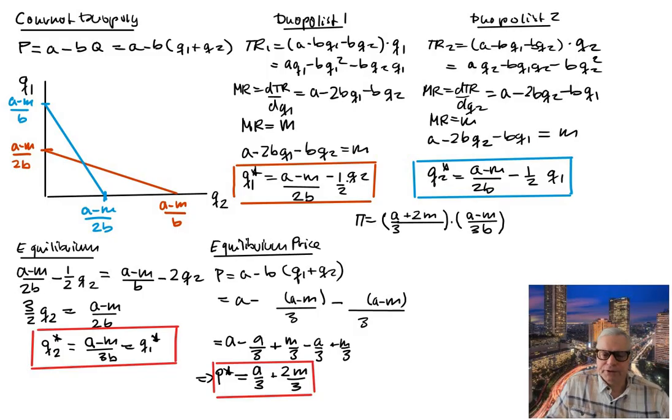And if we subtract total cost, so we don't know what the fixed costs are, so assume that the fixed costs are 0, but then we would say minus the marginal cost times the quantity.